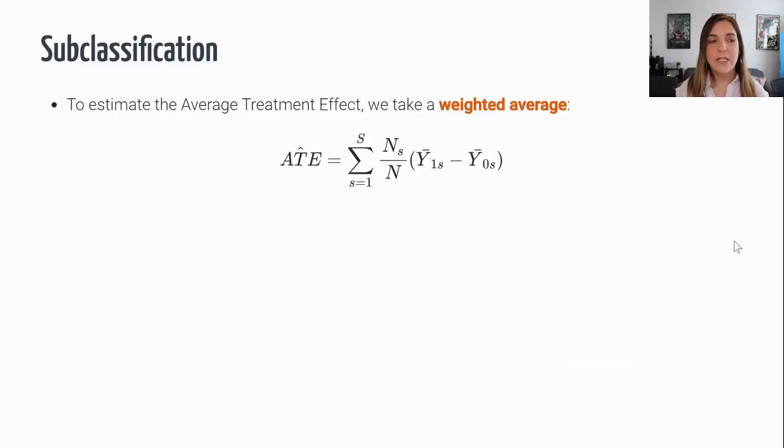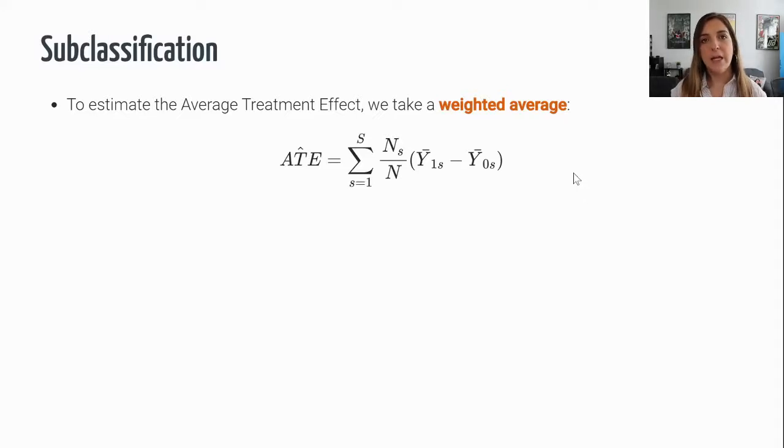So how do I estimate the average treatment effect for the whole population? This will basically be just a weighted average, okay? If y bar 1 is the average for the treatment group in stratum S, and y bar 0 is the average of the control group in stratum S, then I can just get the difference of the 2 samples within a specific stratum, and then weight it by the number of units that I have in that stratum.